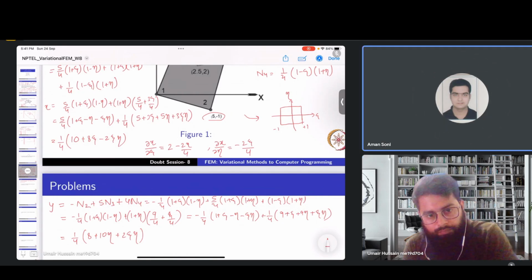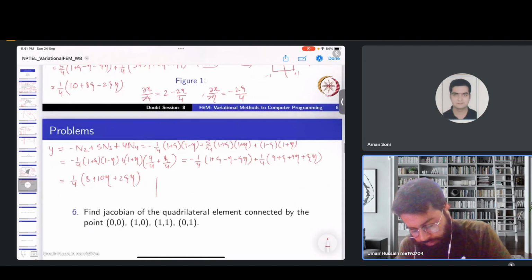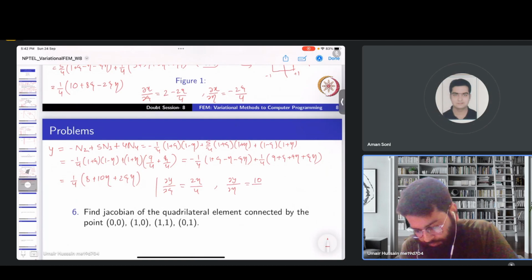Okay, then for here we have two eta y equal to 10 by 4 plus y.